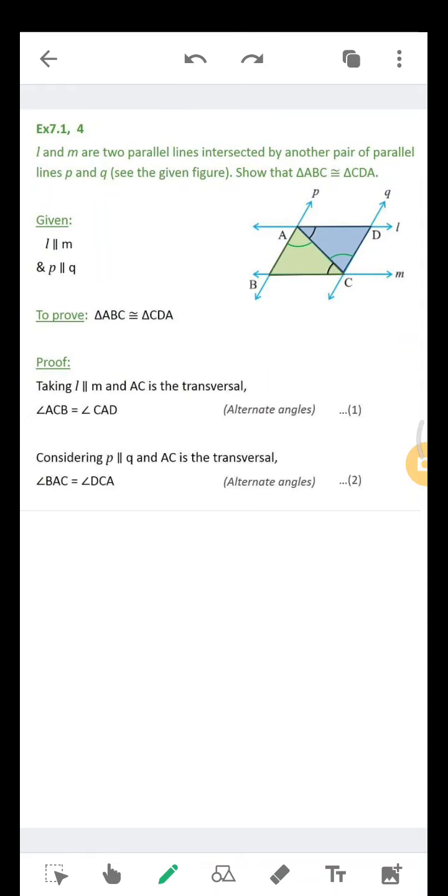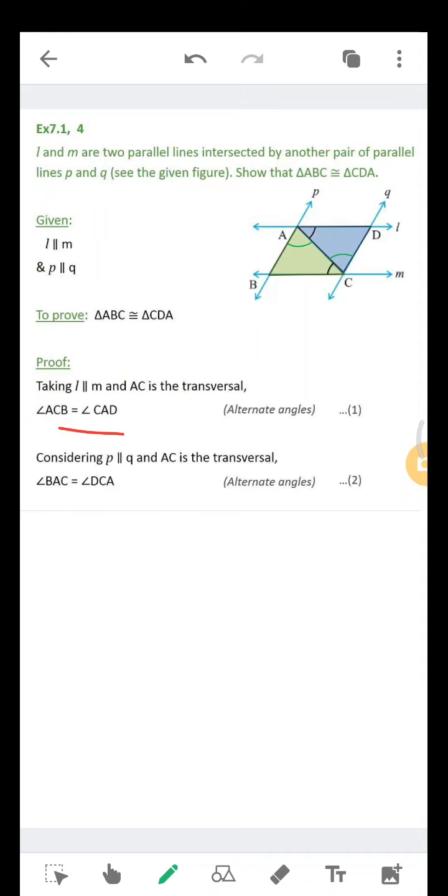Now nothing is given here, just two parallel lines, and the other two parallel lines are intersecting those two parallel lines. So here alternate angles are formed, you can see. This angle will be equal to this one, and this will be equal to the other one, alternate angles. So I can use the property of alternate angles.